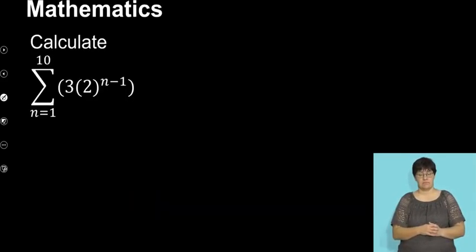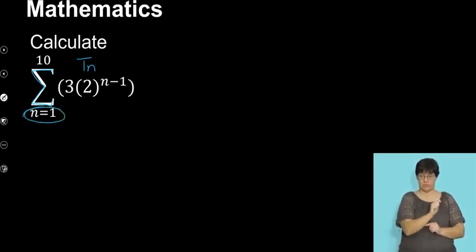Great. So we have another example for us here. We can see that it is sigma notation because I actually have my sigma sign. And I have been asked to sum the Tn, which is 3 times 2 to the power of n minus 1, from the first term. We know it's the first term, as n is equal to 1 will indicate the first term.